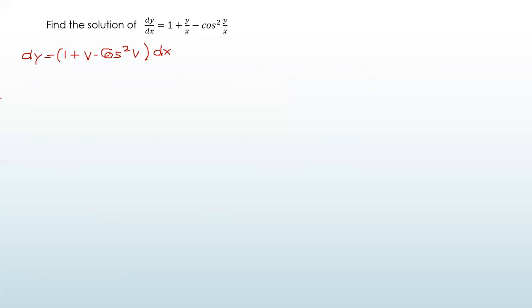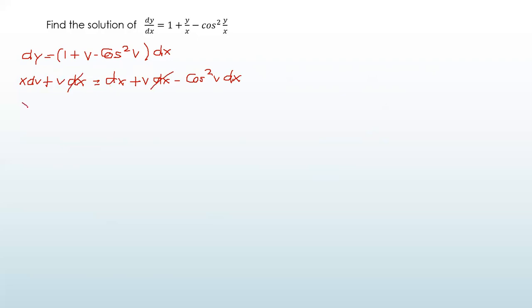And recall that dy is x dv plus phi dx. Okay, equal dx plus phi dx minus cos square phi dx. It becomes 0.